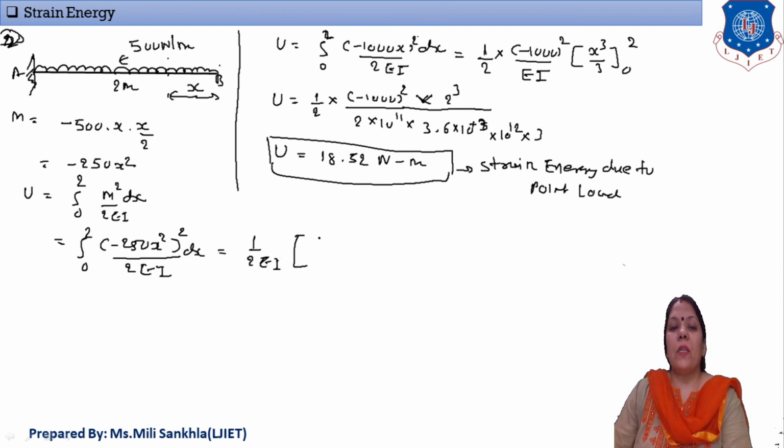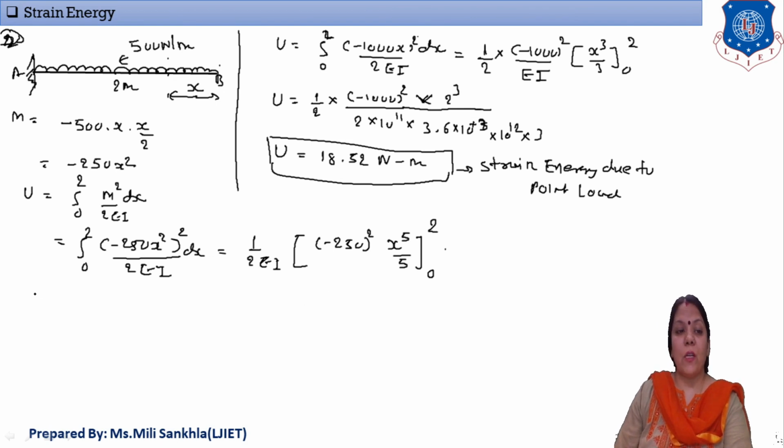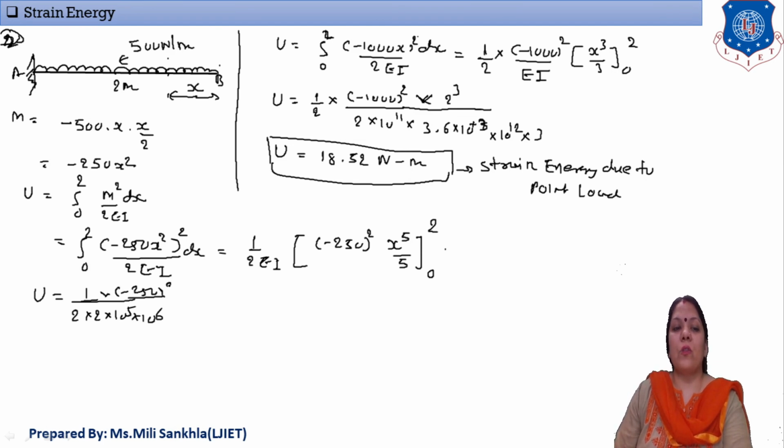Then integration, minus 250 square, and x square squared means x to the 4, and integration of x raised to 4 is x raised to 5 by 5, and the limit is 0 to 2. Now one by one we put the values here.